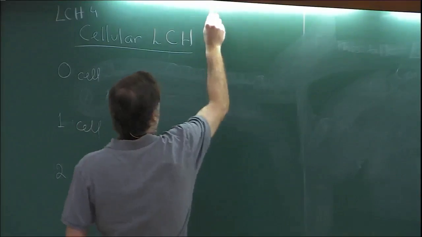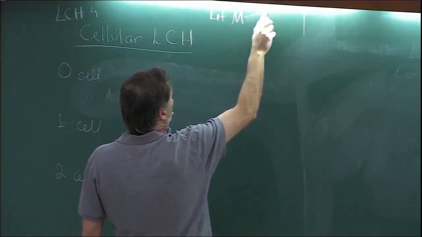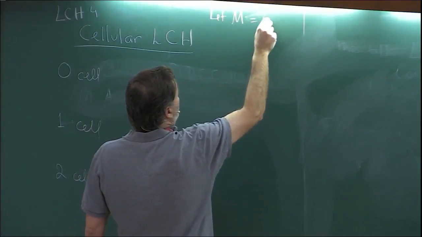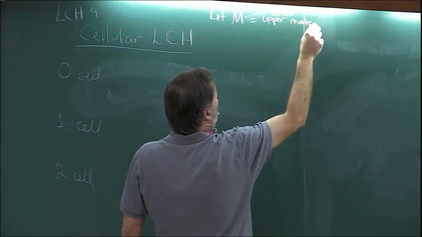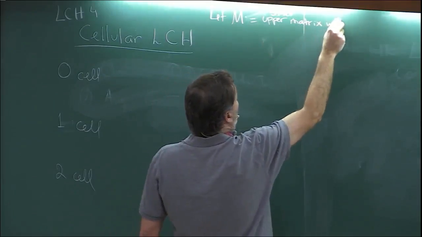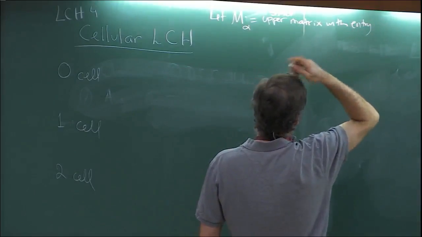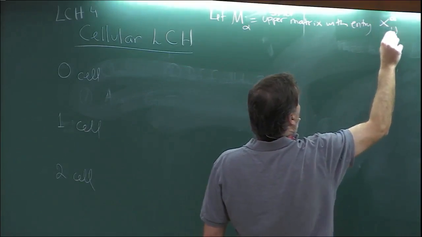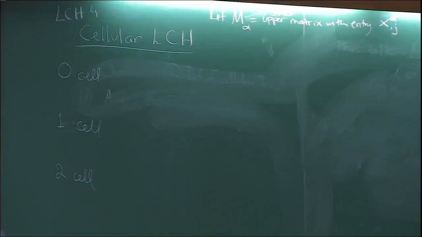So let's let M equal the strictly upper triangular matrix M alpha, with entry X alpha ij. So this is a collection of all of the generators over a given cell. It's strictly upper triangular because remember I'm only doing sheets, where is that? Here.